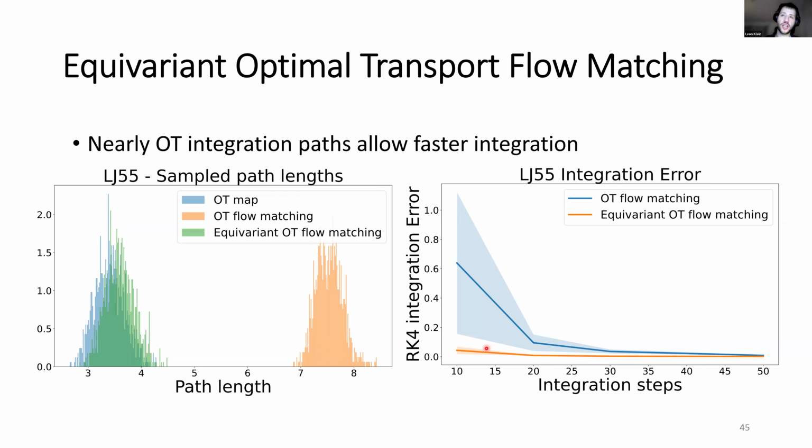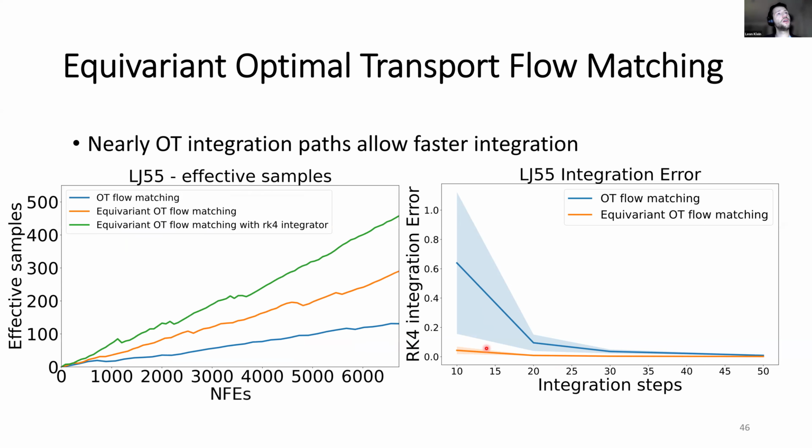And this means that we can get away with performing significantly fewer integration steps and therefore have much faster inference with the model trained where we respect the symmetries of the system. And we can also evaluate this by looking at the effective samples based on the number of function evaluations. The function evaluations here are evaluations of the vector field.